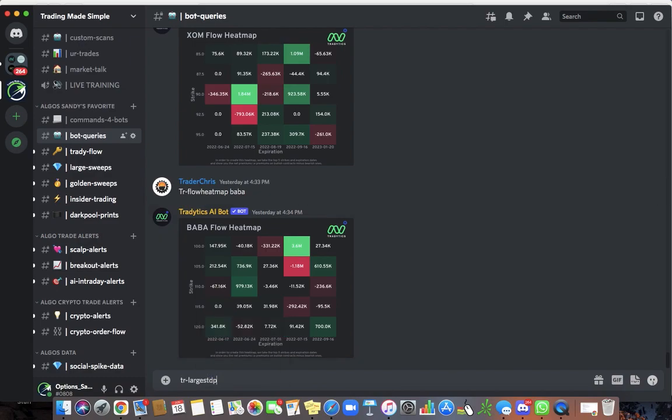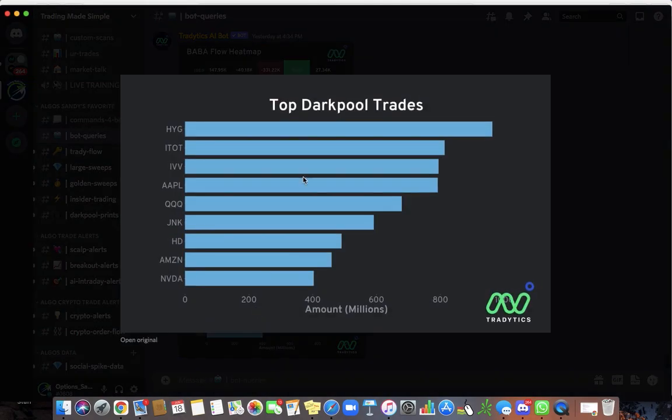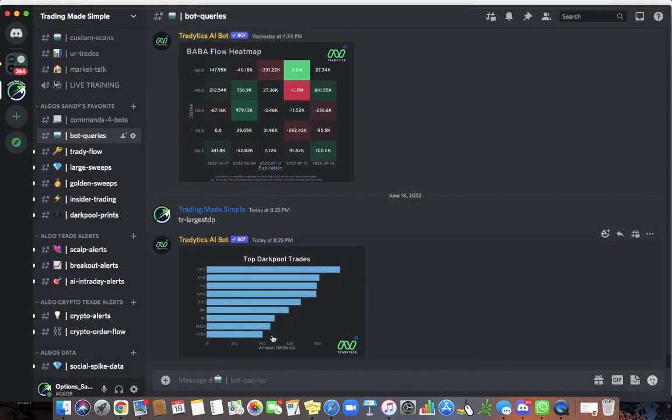Once you paste that, you enter it, and then you get the information that you requested. So these are the top dark pool trades. Pulled them up right now: HYG, Apple, QQQ, HD, Amazon, NVIDIA. So that's how you would utilize those two channels.